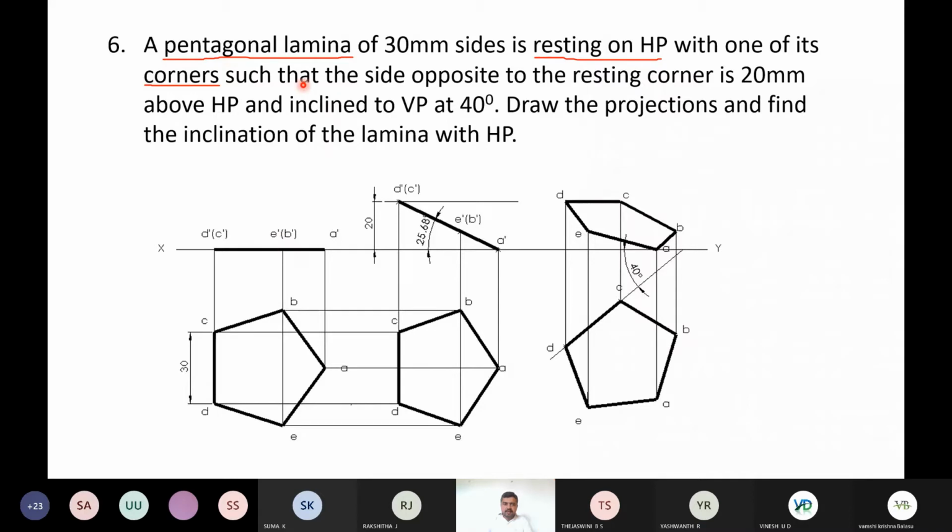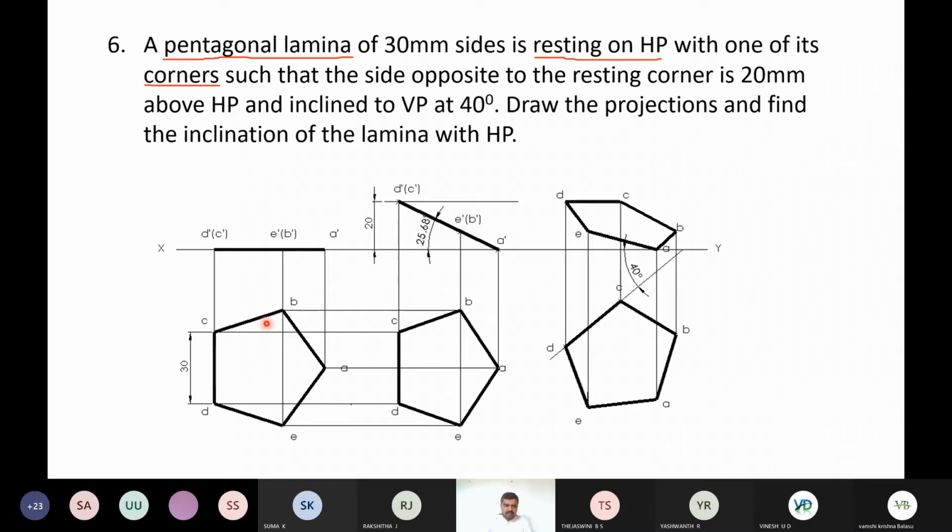Next, in all previous problems, you were having detail regarding inclination with respect to HP. But in this problem, you don't have inclination with respect to HP. Instead of that, they have given one more data, such that the side opposite to the resting corner is 20 above HP.